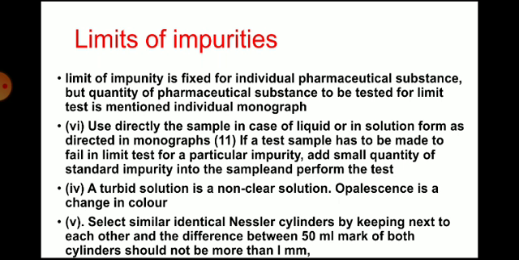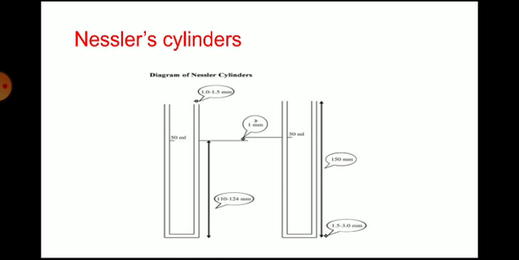Select identical Nessler cylinders kept next to each other. The difference between the 50 ml marks of both cylinders should not be more than 1 millimeter. As we see in the figure, the diagram of the Nessler cylinder shows the 50 ml mark along with a 1.5 to 3.0 millimeter diameter.